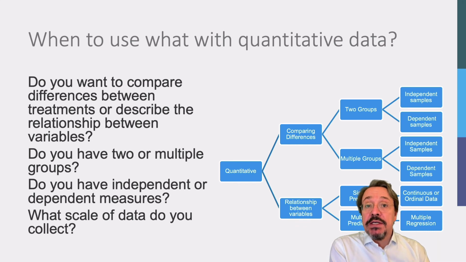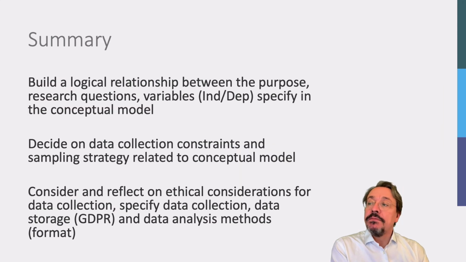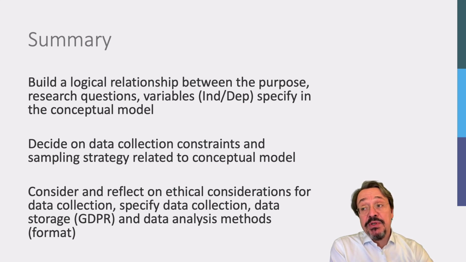To answer these. So, in summary, start with the main components, so build a logical relationship between the purpose, the research questions, your conceptual model with the variables, and specify these relationships between these components.